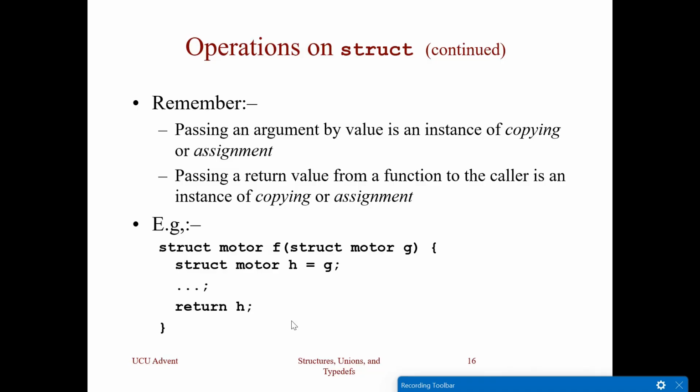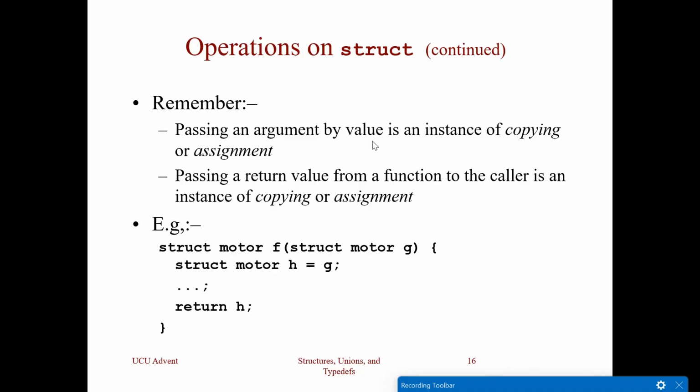But you have to remember that passing an argument by value is an instance of copying or assignment. So if you're passing a return value from a function, the caller is copying or assigning that value. Literally, you need to understand that passing an argument by value is copying or assigning that value.